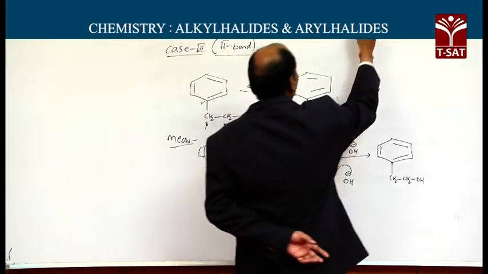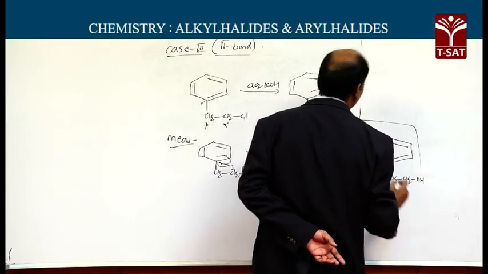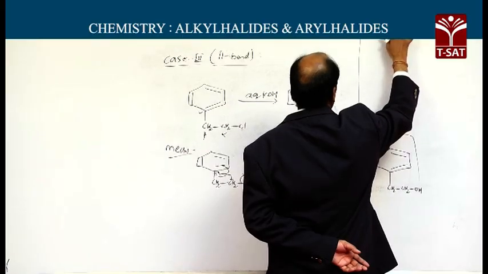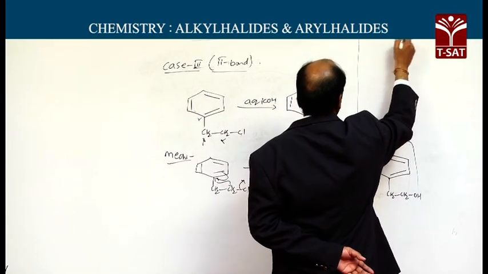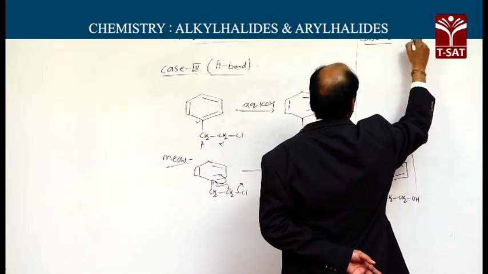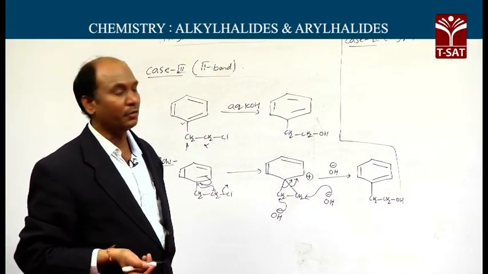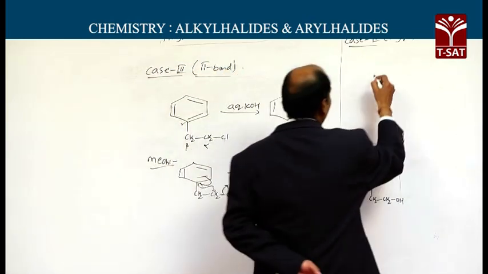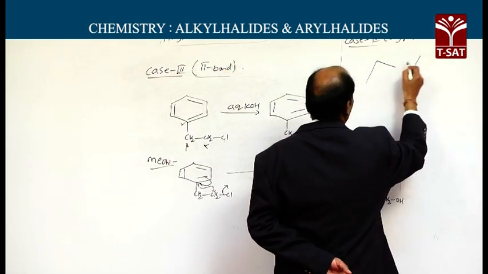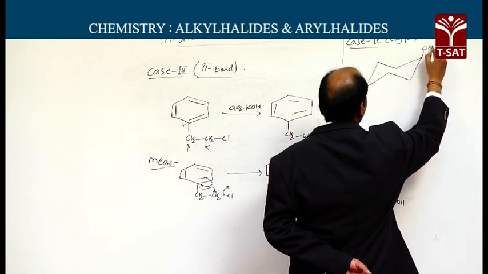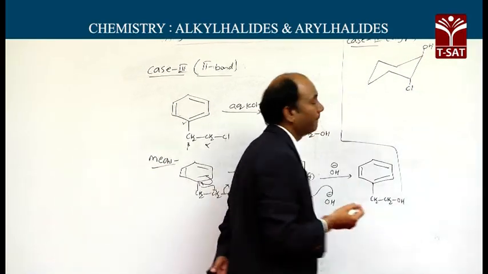And also in case 4, let us discuss, in case 4 oxygen acts as an internal nucleophile. So what happens here? This is a cyclohexane molecule, here it is OH, this is Cl.